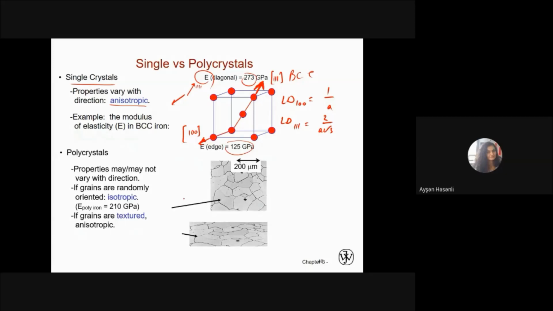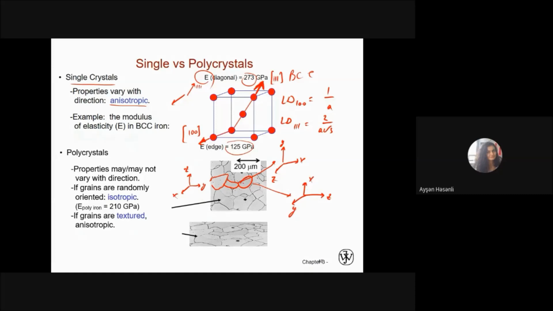But for polycrystals, we have more than one crystal, and each time orientations are changing. For example, for this one over here, my orientation is like this. For this one, I will take orientations like this. And for the third one, I will take this.